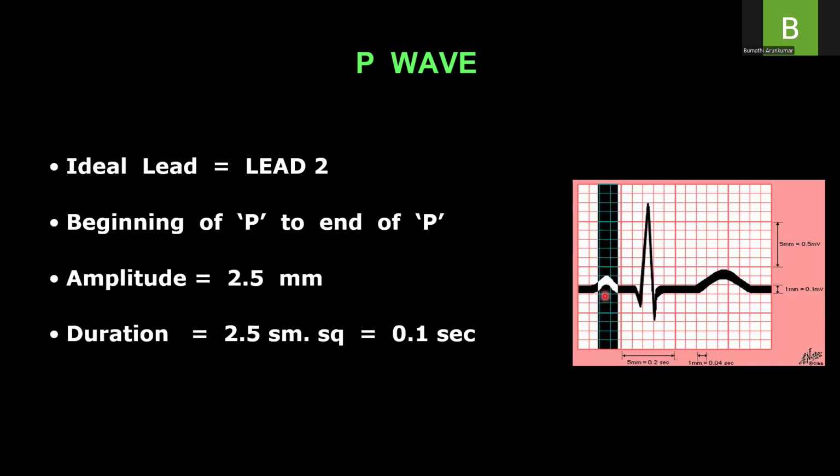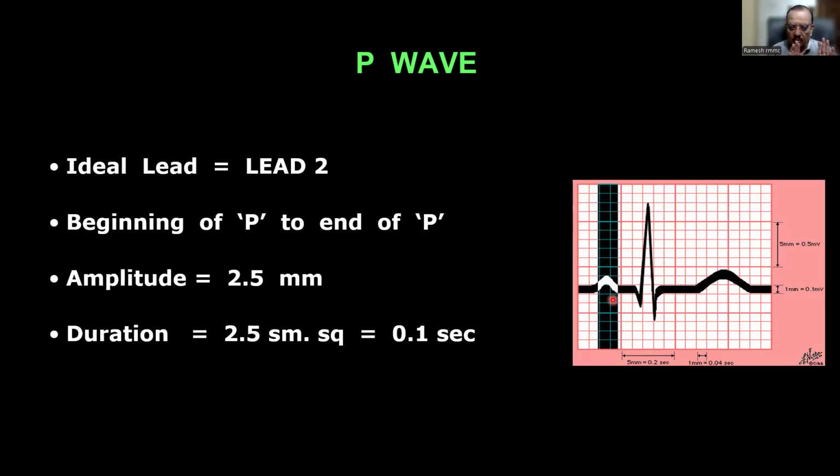The normal value of the amplitude is 2.5 millimeters. 1 millimeter is 1 small square. So the maximum height of a normal P wave should be around 2.5 small squares, 2 small squares plus another half. Duration, horizontally, is the same 2.5 small squares. So it is easy to remember: 2.5, 2.5, both vertically and horizontally.